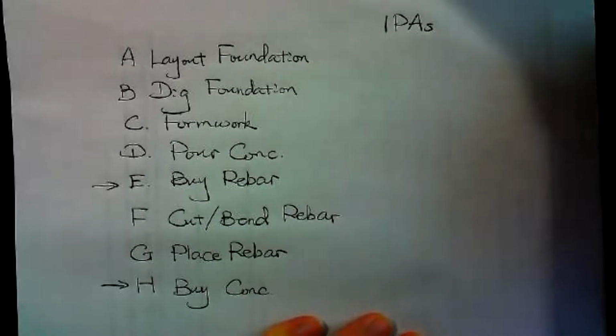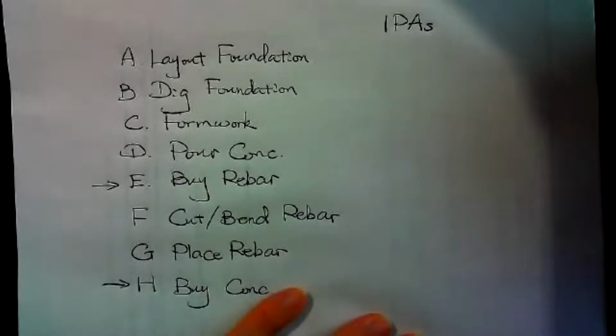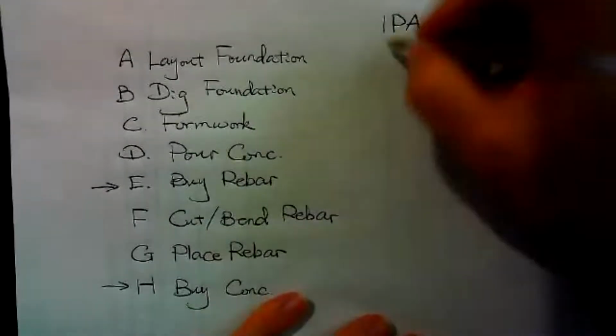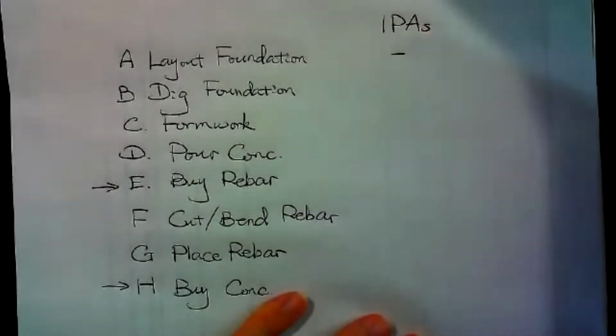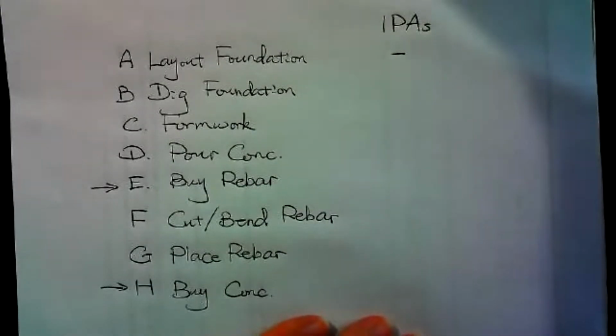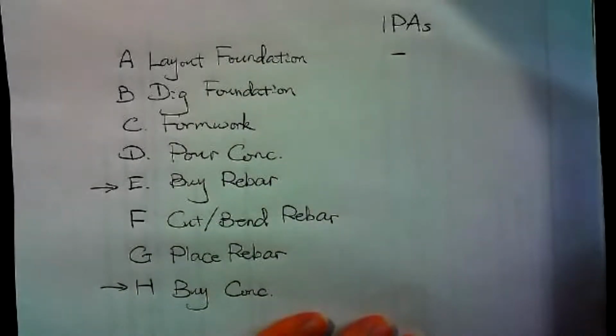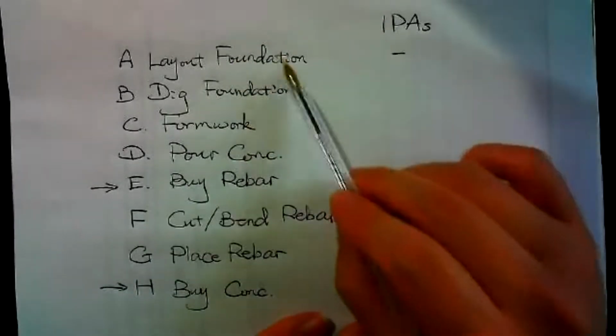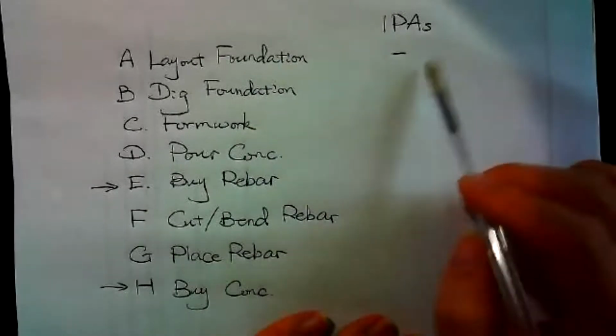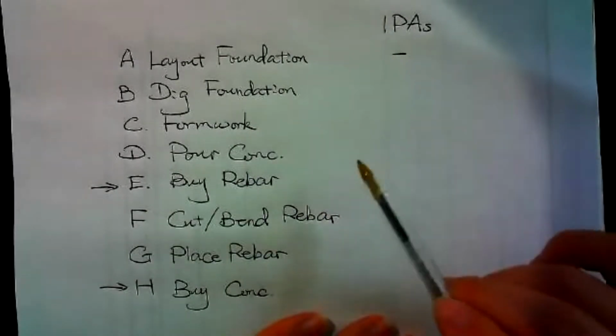Before I draw the location, what activity do I need? I don't think there's an activity before that. There's no activity needed before that. This is the starting point. Very good. Nothing needed before that, no IPA.